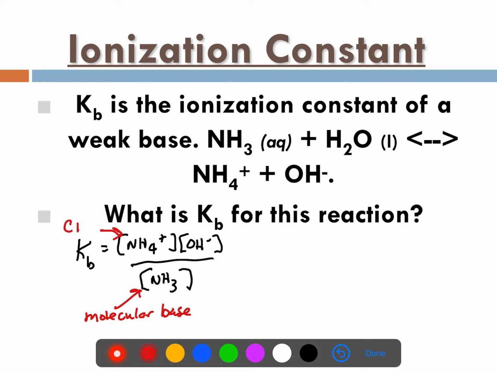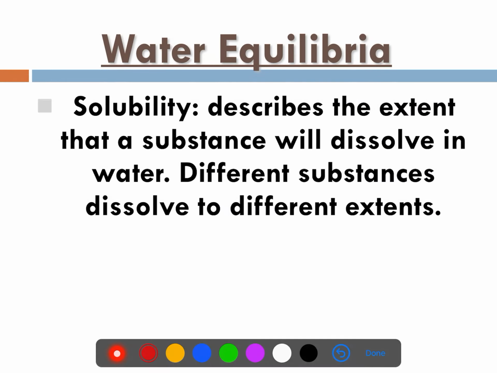They become NH4+, a conjugate acid. And then OH- is your ionized base. So the formula: Kb is conjugate acid times ionized base over molecular base.